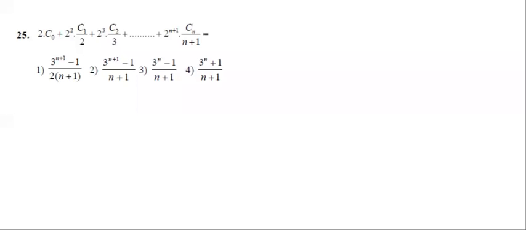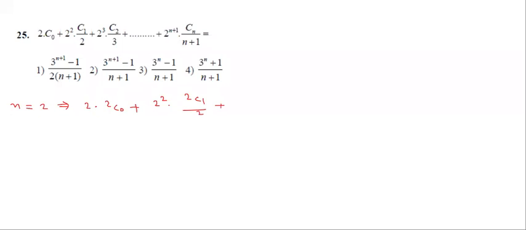See this problem. If you take n is equal to 1, I think more than one option will be satisfied. Go for n is equal to 2 directly. If n is equal to 2, substitute in the question: 2 into 2C0 plus 2 square into 2C1 by 2.